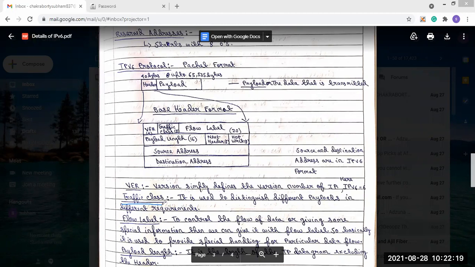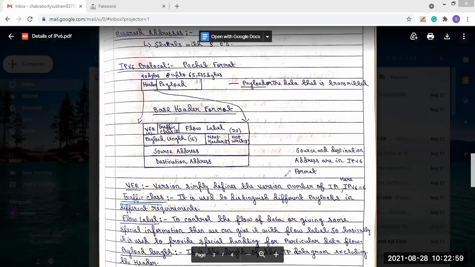Next is the flow label. Why is this flow label used? This flow label field is used to control the flow of data, and we can give some special information with it.